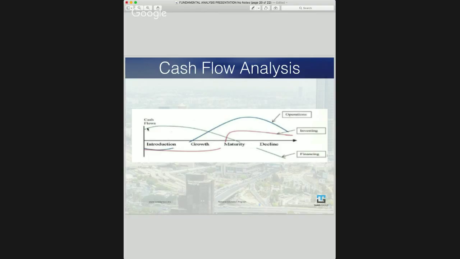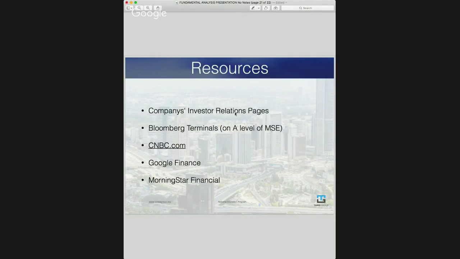If my financing number is very, very high and both my operating and investing cash flows are very far negative, that's going to tell me it's in the introductory phase. And you're going to be able to do this when you look at a cash flow. You're going to be able to say, okay, what position is the company in of its life cycle?